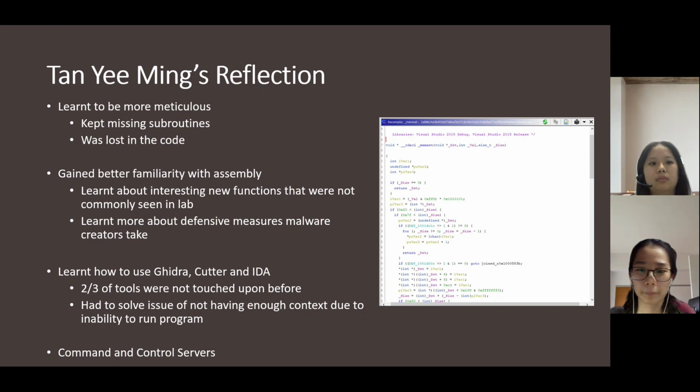A command and control server is a server where the malware authors will obtain the stolen data of the computer, and then craft a meticulous and sophisticated tag crafted specially just for the victim computer.